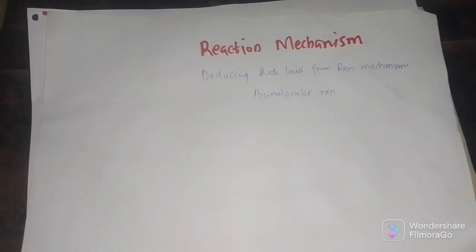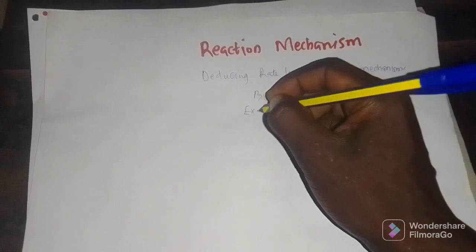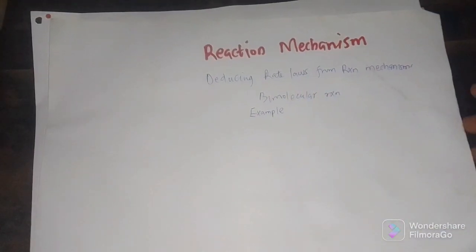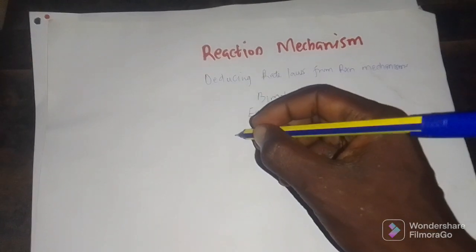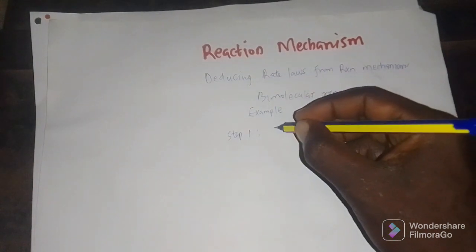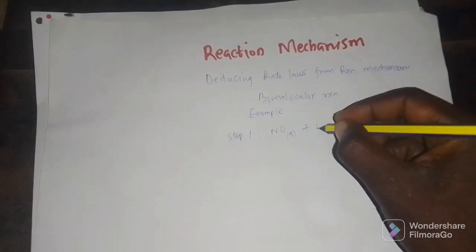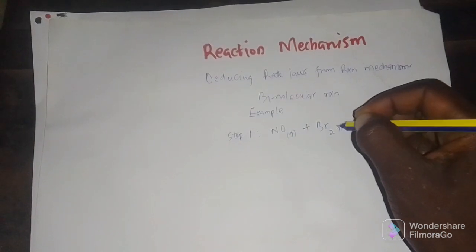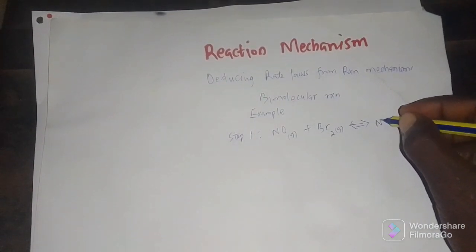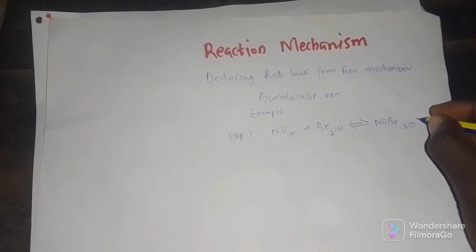Now let's consider an example of a bimolecular reaction, and we'll consider a mechanism of a bimolecular reaction. Let's say that you are given in step 1: NO gas plus bromine gas react to produce these products, and these are in the gaseous state.